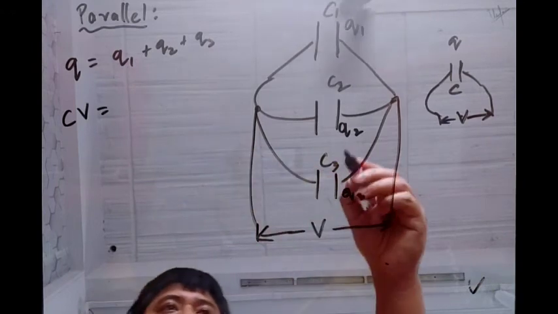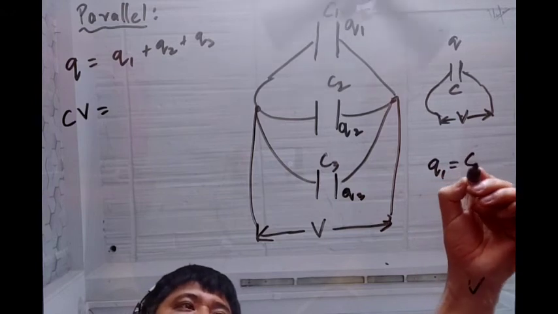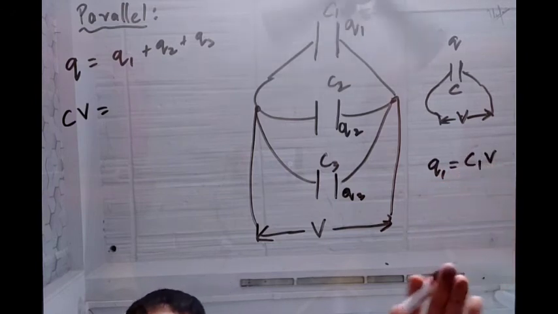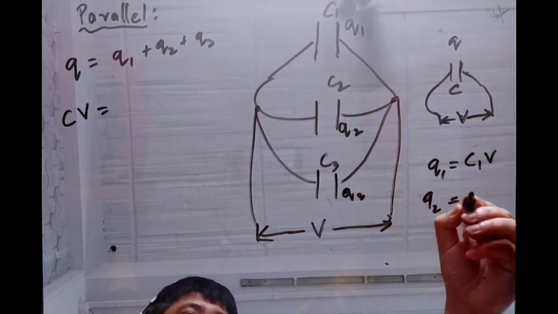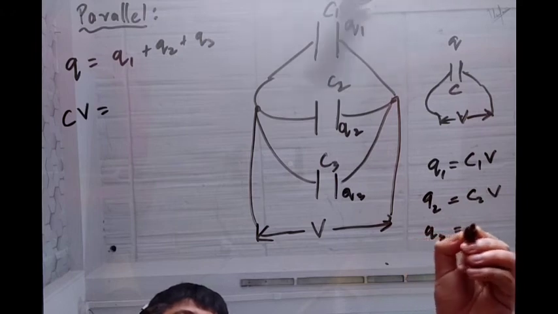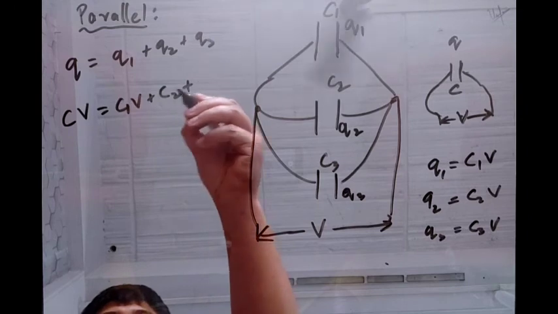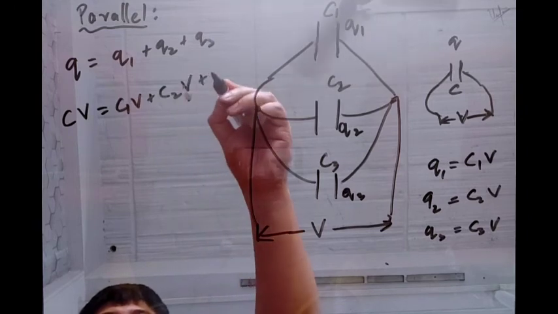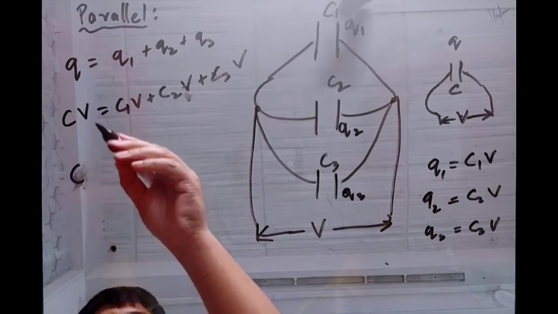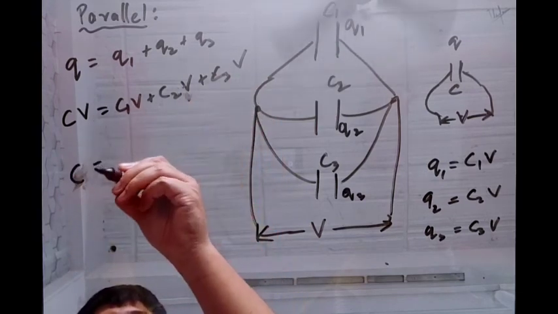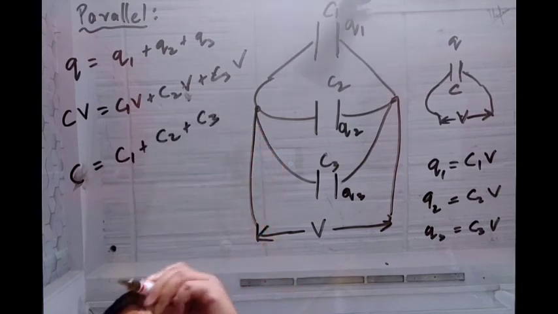And Q1 will be C1V, because they get the same amount of potential. Q2 is also C2V, Q3 is also C3V. Q equals C1V plus C2V plus C3V. Taking V as common and cancelling, C equals C1 plus C2 plus C3.